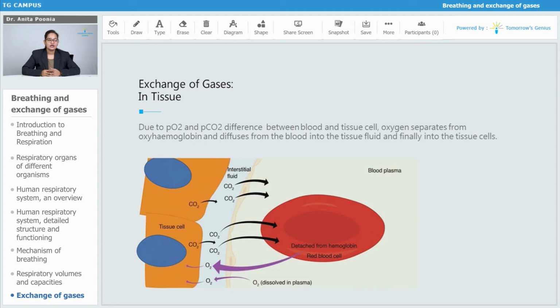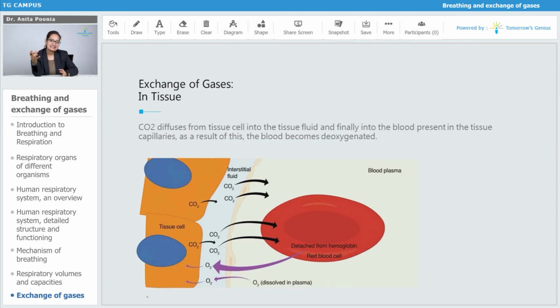Now due to the difference in partial pressure of oxygen and partial pressure of carbon dioxide between the blood and the tissue cells, oxygen separates from the oxyhemoglobin and diffuses from the blood into the tissue fluid, and finally into the tissue cells. The carbon dioxide diffuses from the tissue cells into the tissue fluid and finally into the blood present in the tissue capillaries.